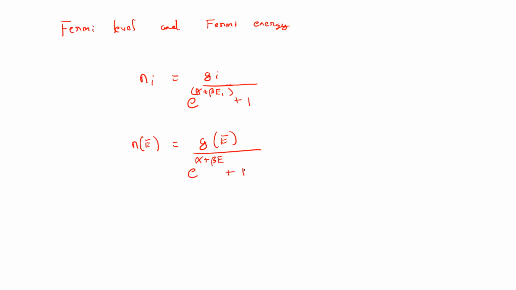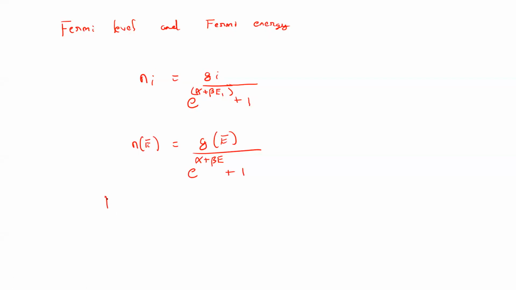Now the Fermi level is that energy. So we call this energy EF. It's that level of energy at which all the states are completely filled.